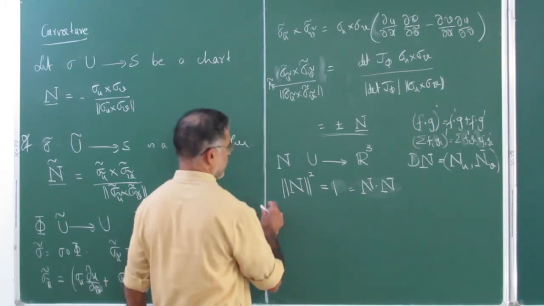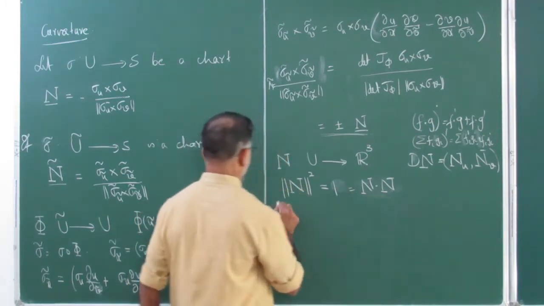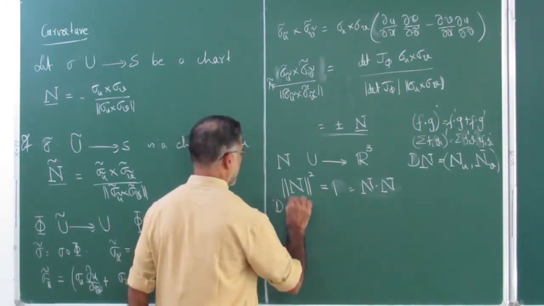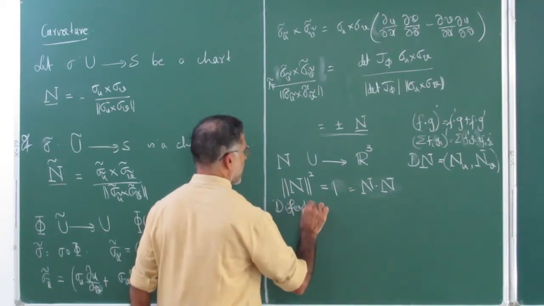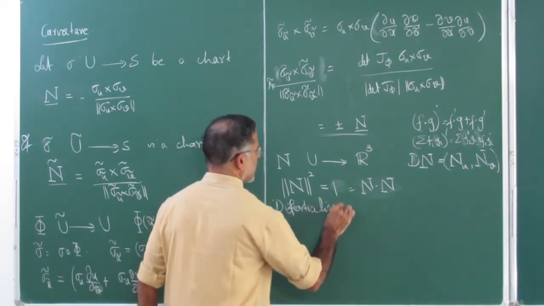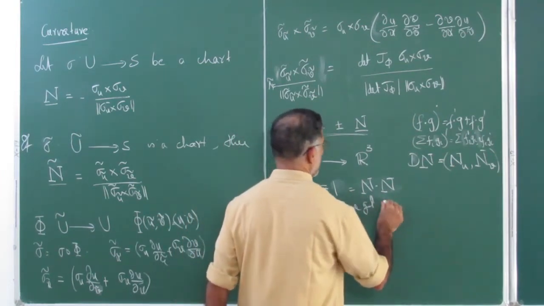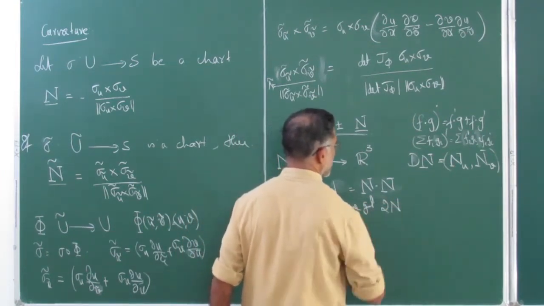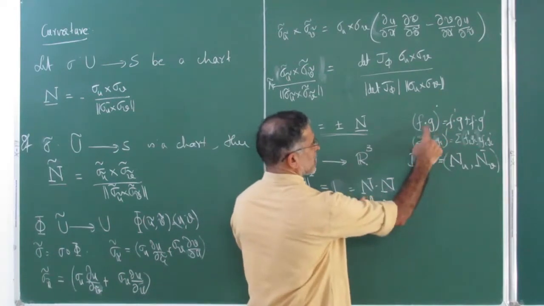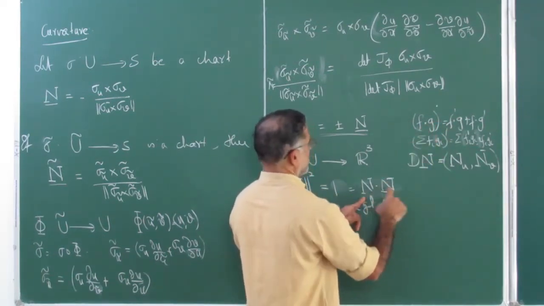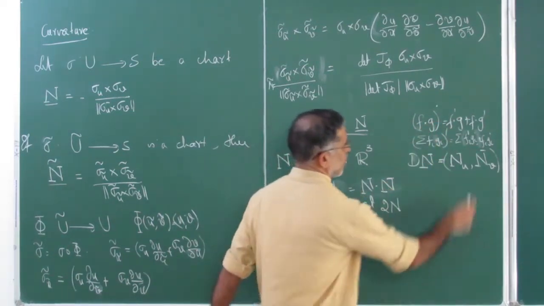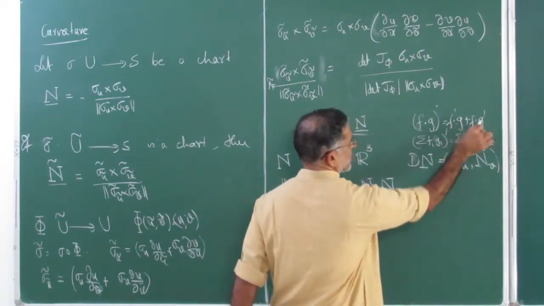So differentiating, we get twice n dot nu, because both are the same. In this case f and g are different, but here they are the same.